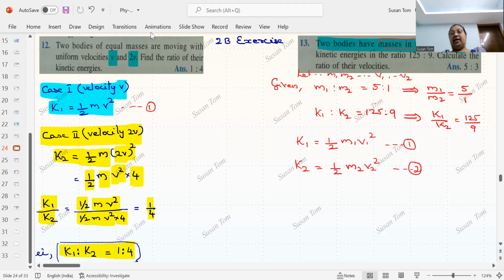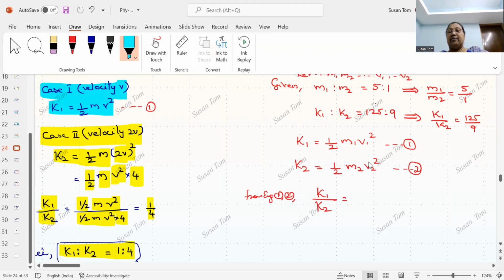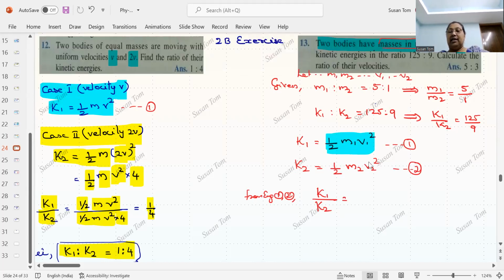I simply take the relation, that is on comparing equation 1 and 2. From equation 1 and 2, what I'm getting, k1 ratio k2 is equal to half m1 v1 square over half m2 v2 square.